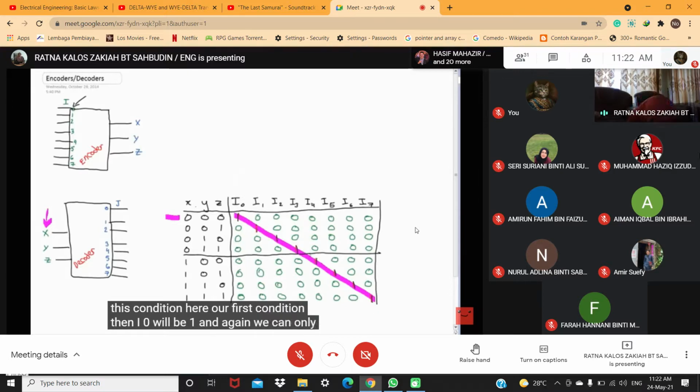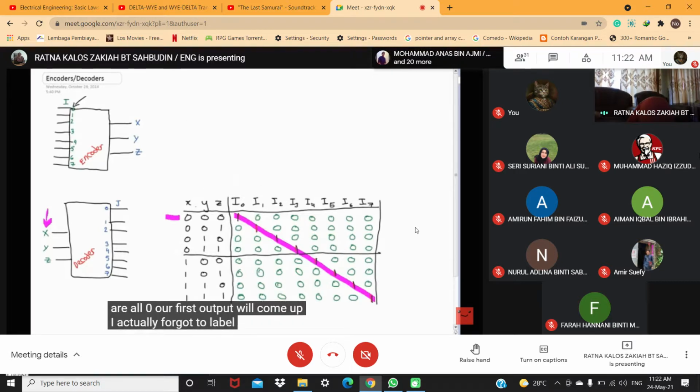And again, we can only have one value per row of outputs here instead of inputs. So it's the same thing, except that we're just really looking at the x, y, z. So when x, y, and z are all 0, our first output will come out.